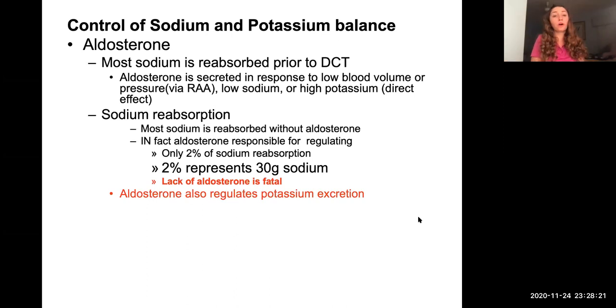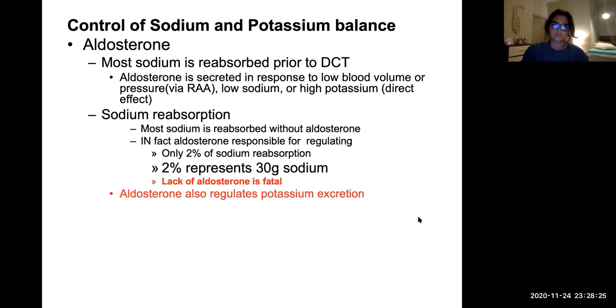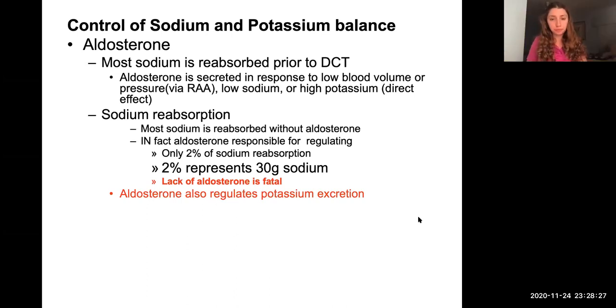If there's more hydrogen, then more hydrogen will go. If there's more potassium, more potassium will go. If we don't have this, we could die, because it only represents 2%, but it's extremely important.